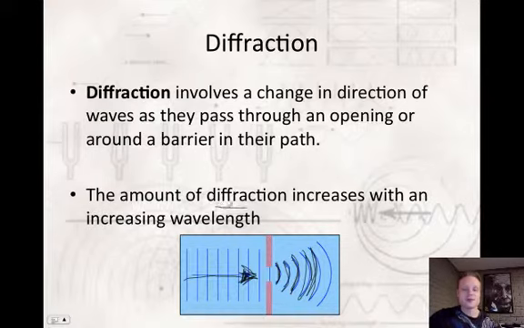The amount of diffraction increases with an increasing wavelength. So if we separate these further apart, you're going to have greater diffraction. If you put the crests closer together, you have a shorter wavelength, and the amount of diffraction decreases. So diffraction is basically the change in direction of waves as they pass through a barrier or an opening.